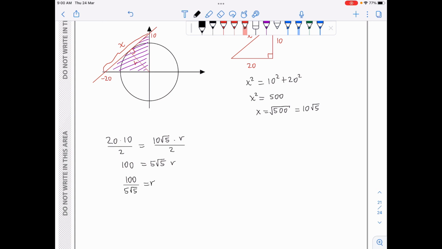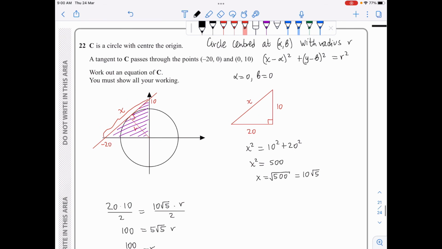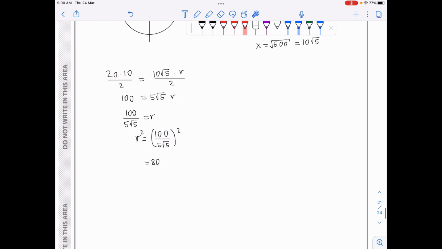And I can actually square this. R squared is (100 over 5 root 5) squared, which turns out to be 80. I square because we said that the equation of the circle involves r squared. So the equation of C will simply be x squared plus y squared is equal to 80.